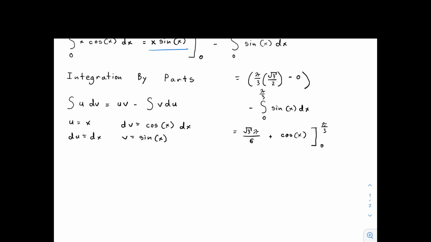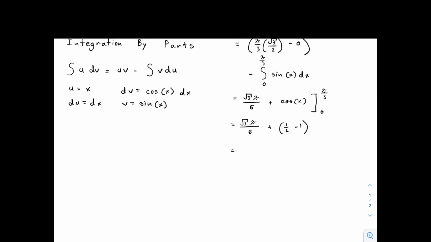So the cosine of pi over 3 is 1/2, which gets us the square root of 3 pi over 6 plus 1/2. And then cosine of 0 is 1, so we subtract 1.